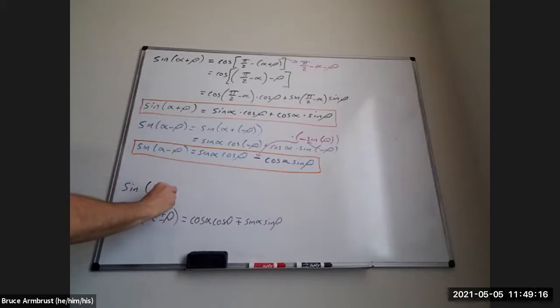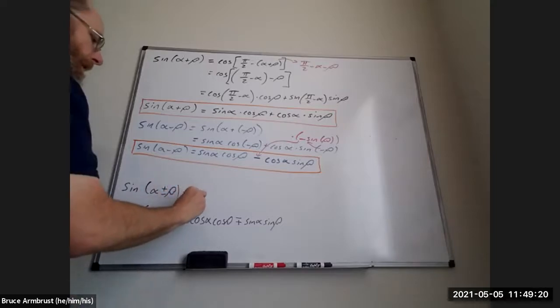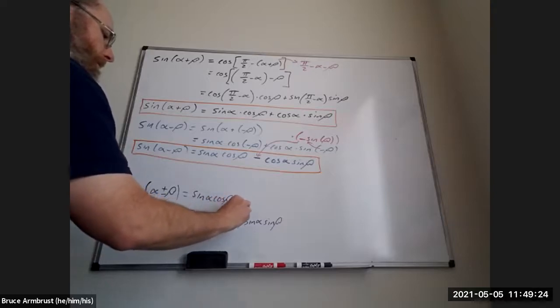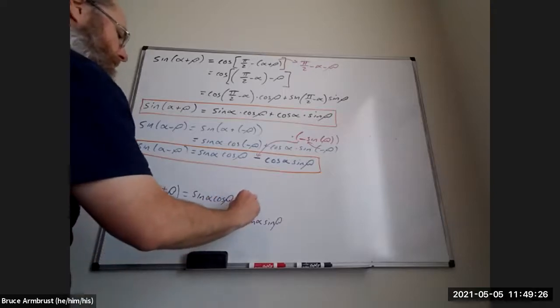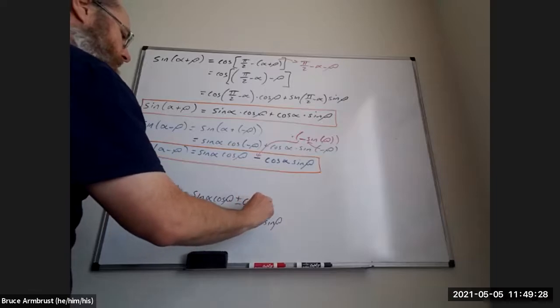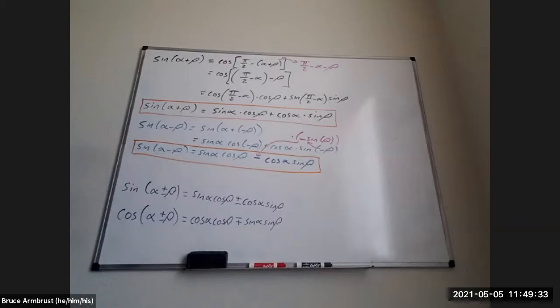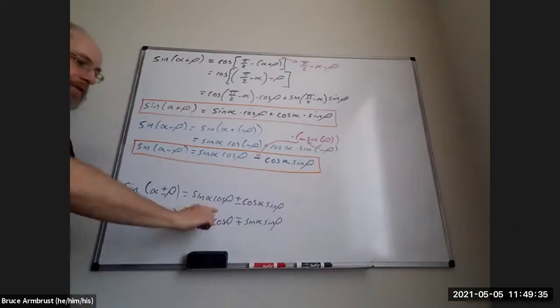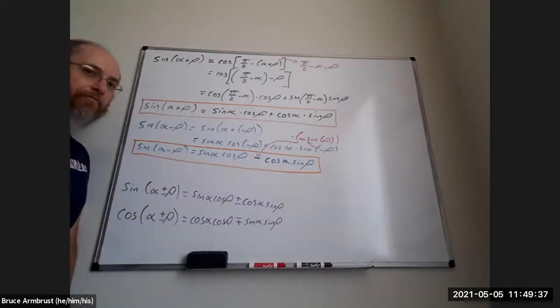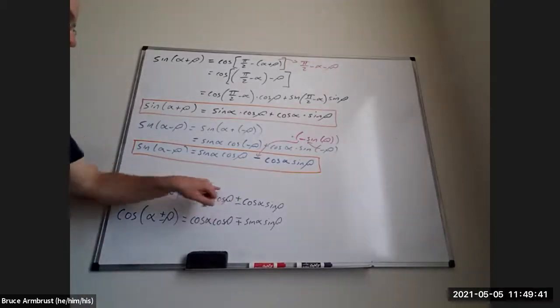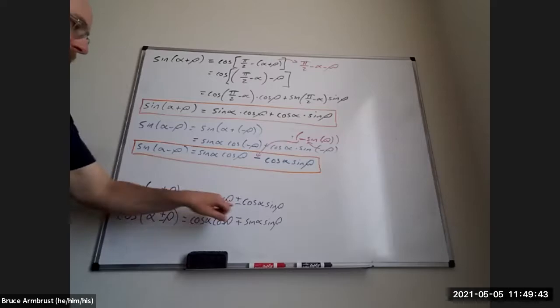It's the same kind of deal where we'll have alpha plus or minus beta. And for these, it's going to be sine alpha cosine beta plus or minus cosine alpha sine of beta. So we don't have to turn that plus or minus upside down this time, because the top goes with the top: plus goes with plus, minus goes with minus.